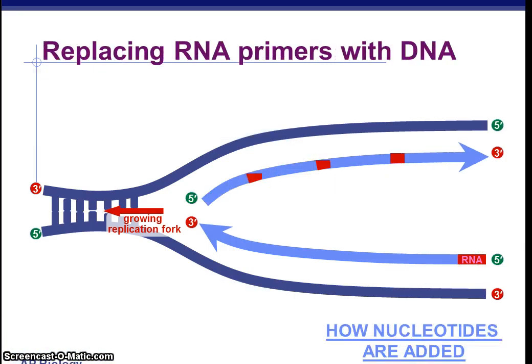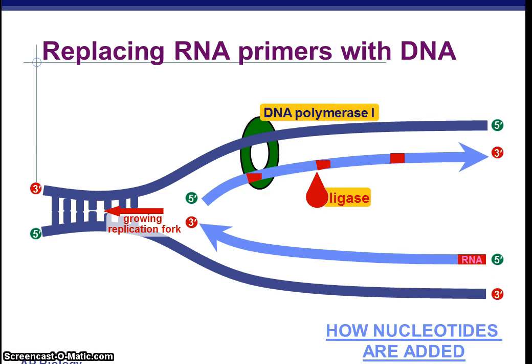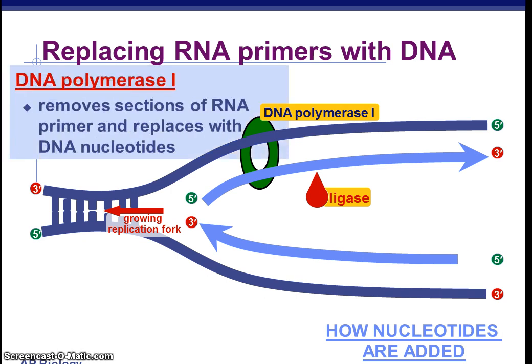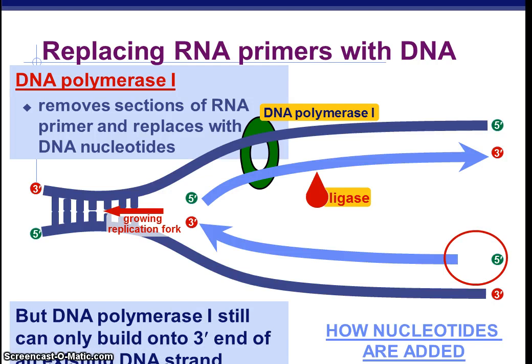And it's a starter sequence. Those eventually go away. So DNA polymerase 1 comes through, removes those sections of RNA, and replaces them with DNA nucleotides. But polymerase 1 can still only go onto the 3' end.